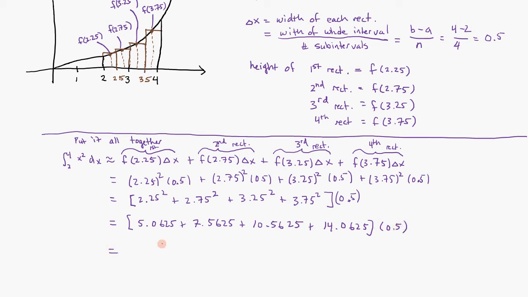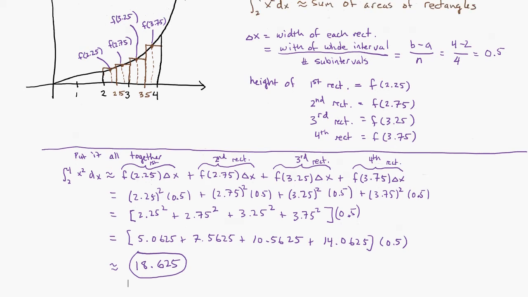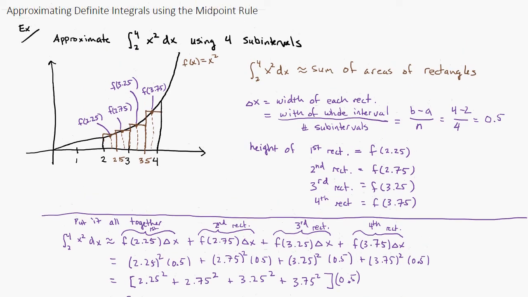If you add it all up and then multiply, you'll see that the total is 18.625. So the approximation is 18.625. This would be the typical method used for the midpoint rule.